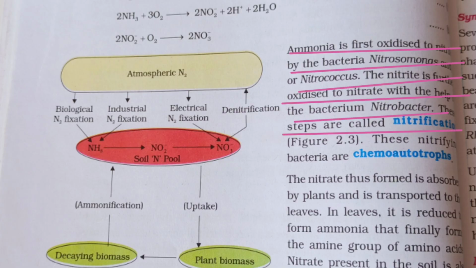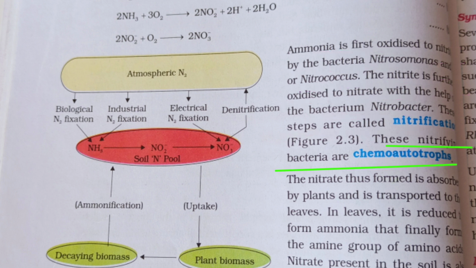Ammonia is first oxidized to nitrite by bacteria, for example Nitrosomonas or Nitrococcus. It is further oxidized to nitrate with the help of the bacterium Nitrobacter. These steps are called nitrification. These nitrifying bacteria are called chemoautotrophs.